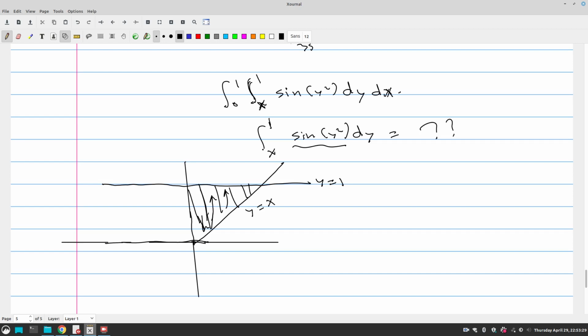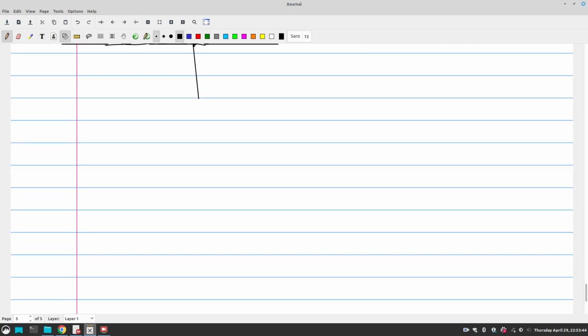Now we can look at this as a type 1 region or as a type 2 region. So this is a type 1 region, but also think of this as a type 2 region. How so?